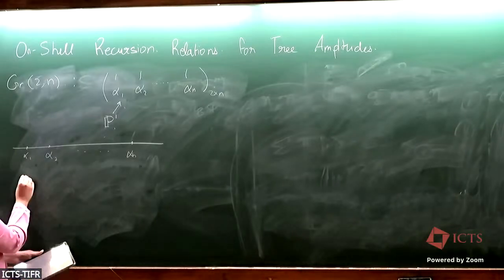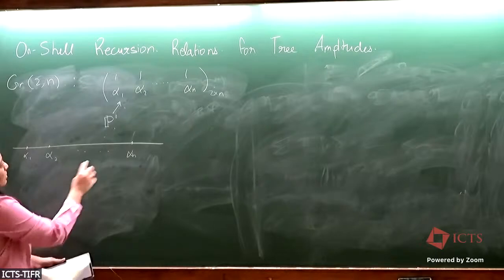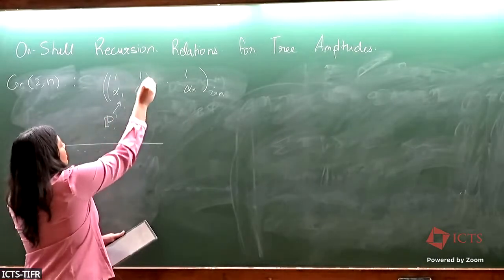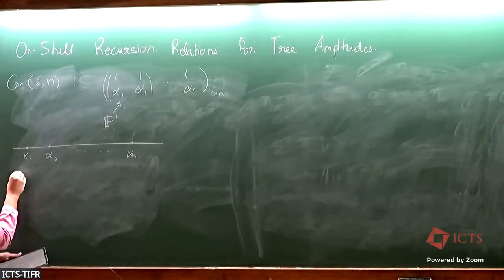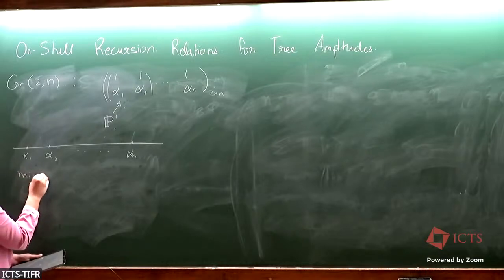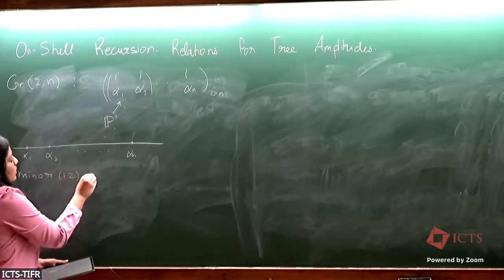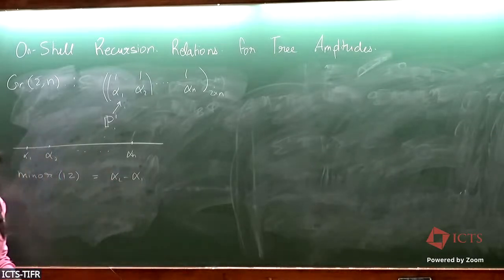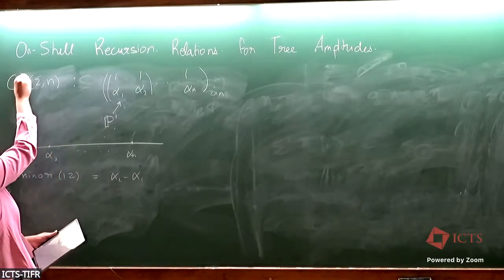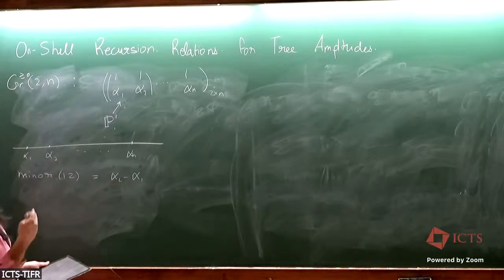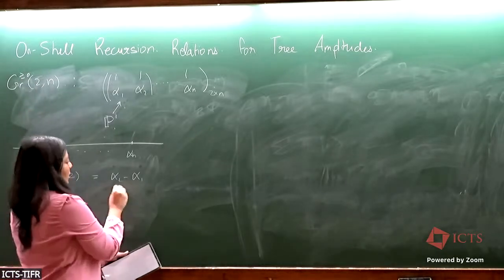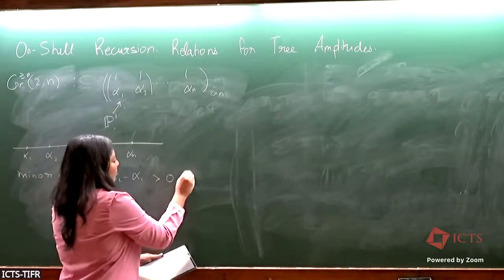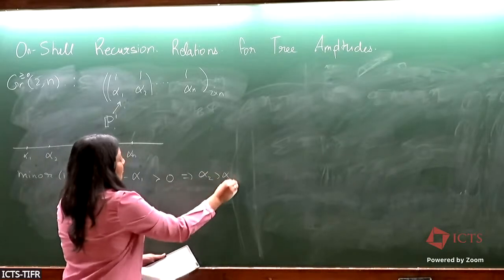And now I can say that the positivity of a minor, so if I take this minor over here, the minor 1, 2 equals alpha 2 minus alpha 1, right? And so if I want to be in the positive Grassmannian, all of my minors have to be positive, meaning that this needs to be positive, or alpha 2 needs to be greater than alpha 1.